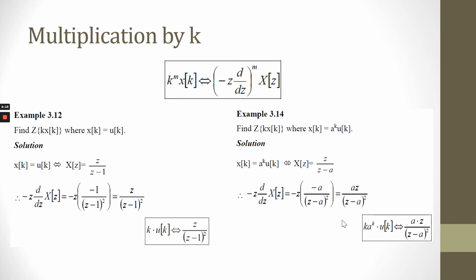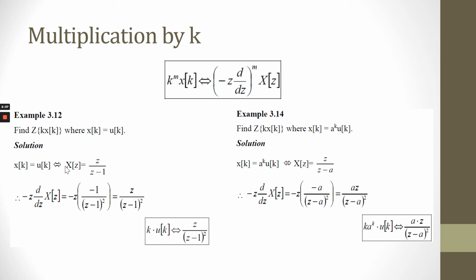The next one is multiplication by k. Multiplication by k in the k domain is actually equal to differentiation with respect to z in the z domain. For example, you are given k x[k]. In this case, x[k] is equal to u[k].